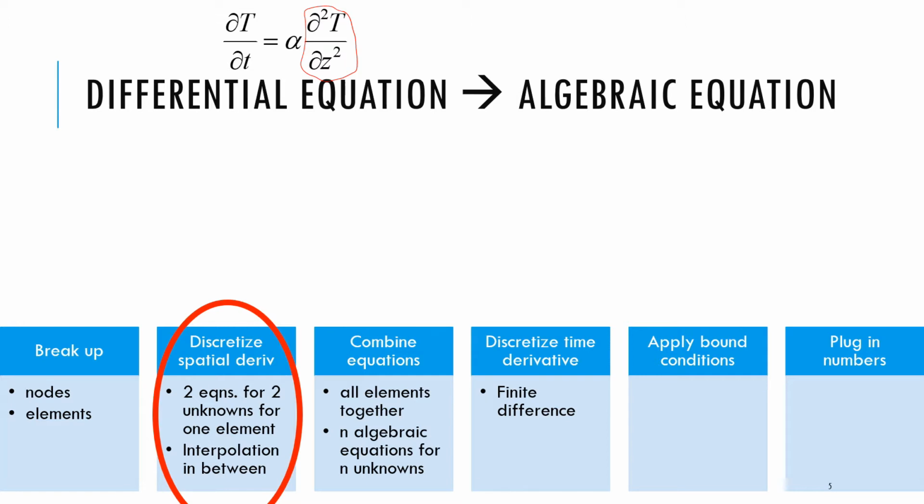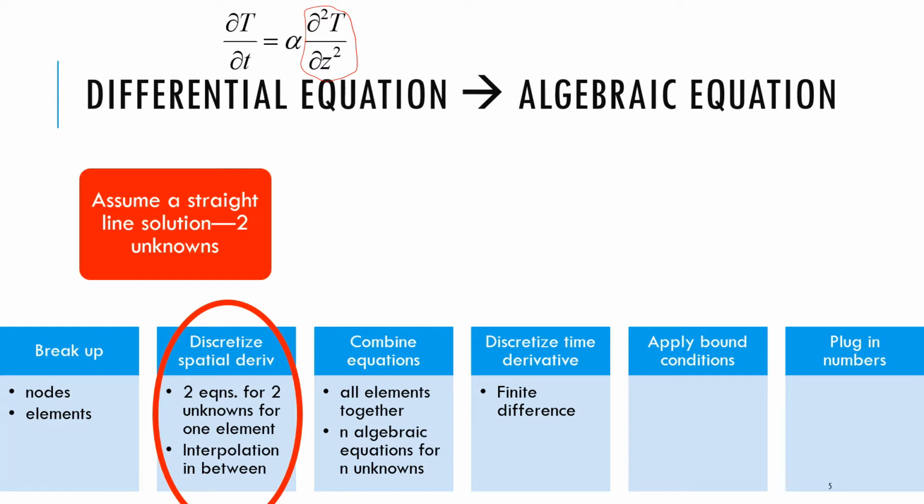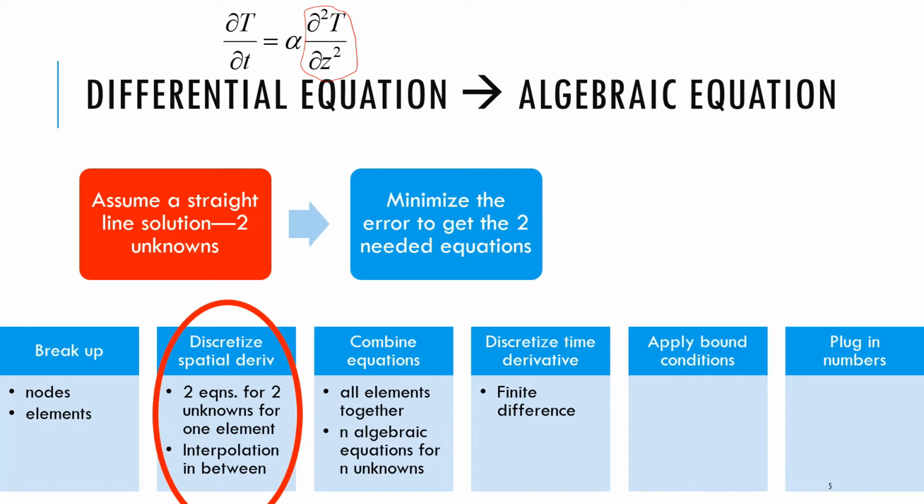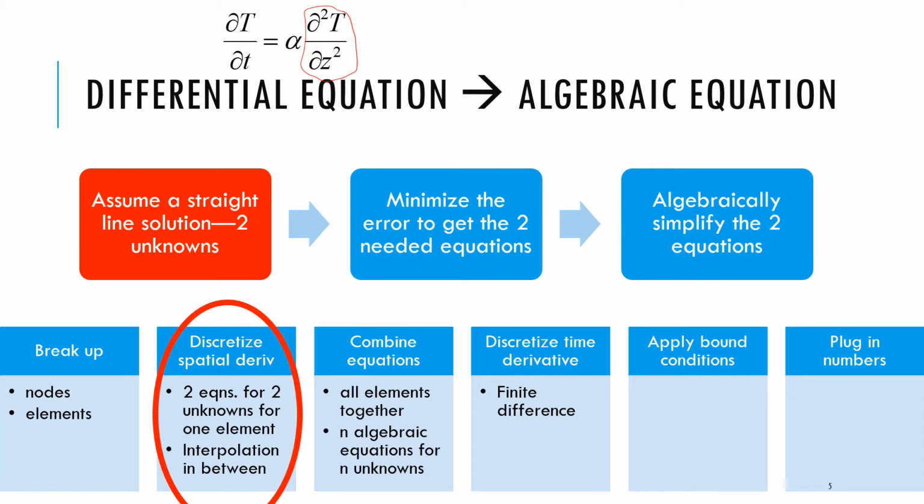And our goal is to get the 2 algebraic equations. We will do this using 3 steps. So first, we assume a straight line solution between the 2 nodes, and then minimize the error to get the 2 needed equations. Okay, so we'll go through these steps now.